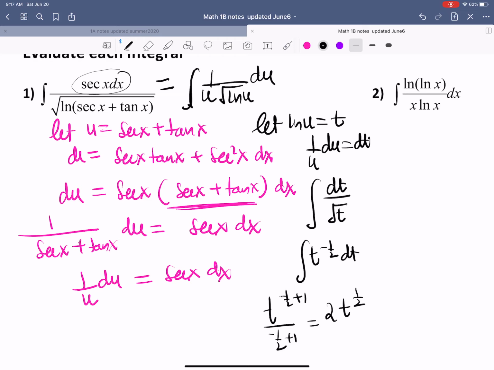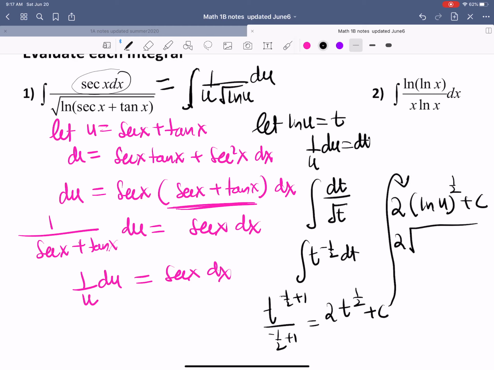Now, we cannot leave our answer in terms of t. We need to go back to the x that we had in the problem. So let's change it to u first. t was equal to natural log of u. So 2 natural log of u to the power of 1/2 plus c. Now again, I'm going to replace the u by whatever u was in the beginning.